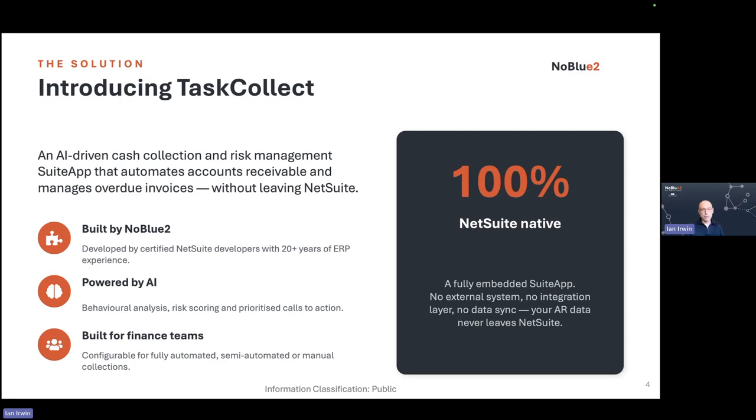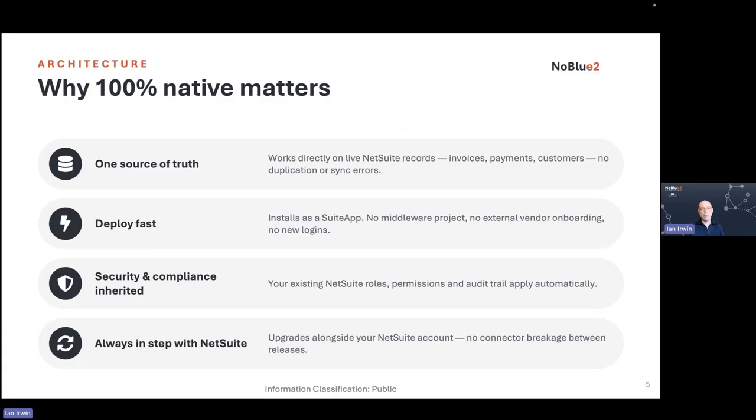Our TaskCollect solution is designed specifically to meet the needs of finance teams, thinking across all of those points. It's a product that's now been available for a little over 18 months and been very well adopted by quite a few companies thus far. We are native to NetSuite, and we believe that's very important.